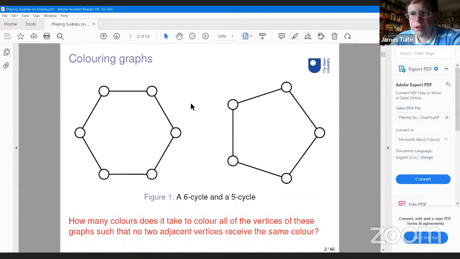So has anybody got any ideas? Guesses are allowed. If you take a piece of paper and do some scribbling, you should be able to find a good coloring quite quickly.